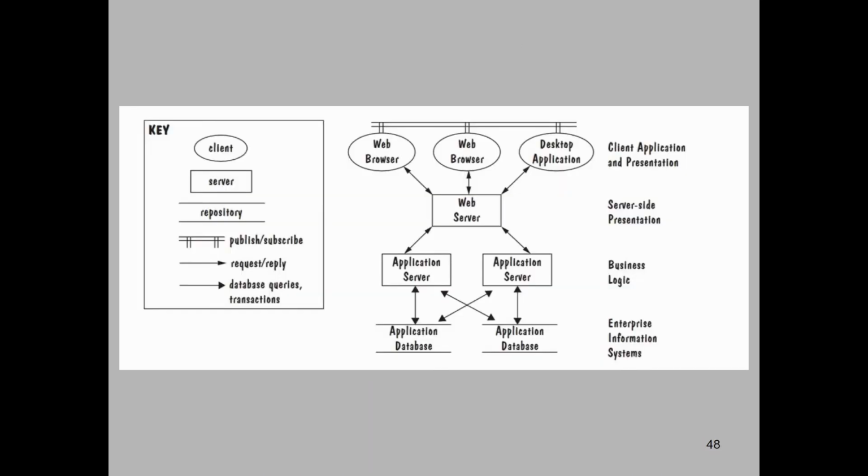So, a picture here. In this example, several client components interact with each other using publish-subscribe communications. The publish-subscribe communications are the little two vertical, two horizontal line type thing at the top. These same components use server communications via request/reply protocols.